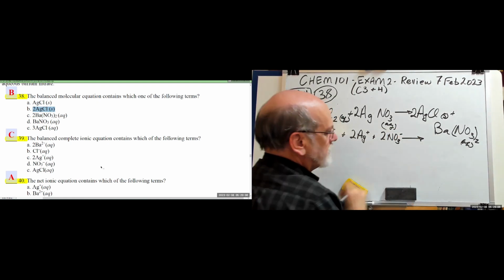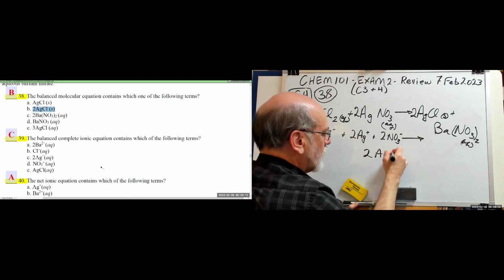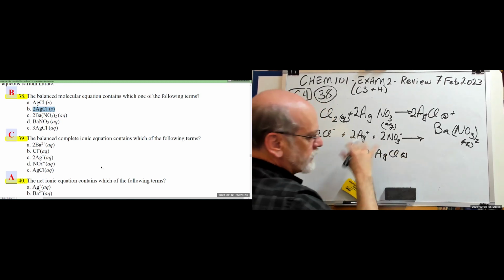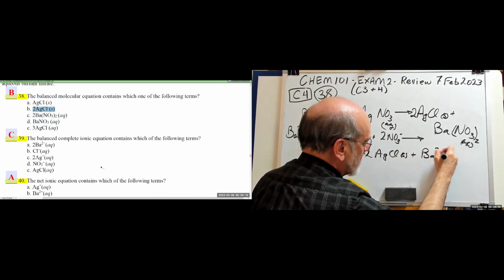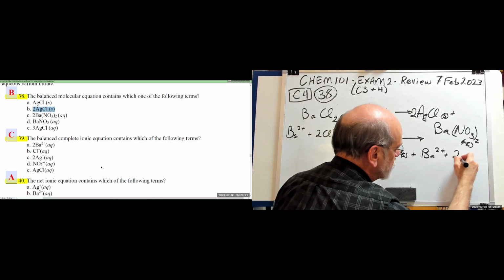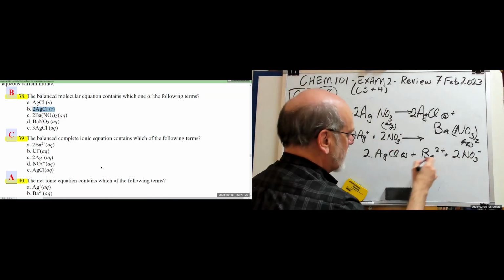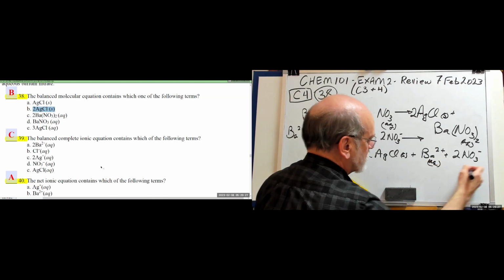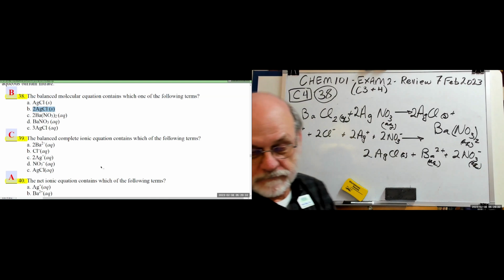nitrate. And on the product side, we still have 2 silver chloride solids. We can't break those apart. And then we have a barium, 2 plus, and we have 2 nitrates. There we go. And these are both aqueous. And these are all aqueous also.